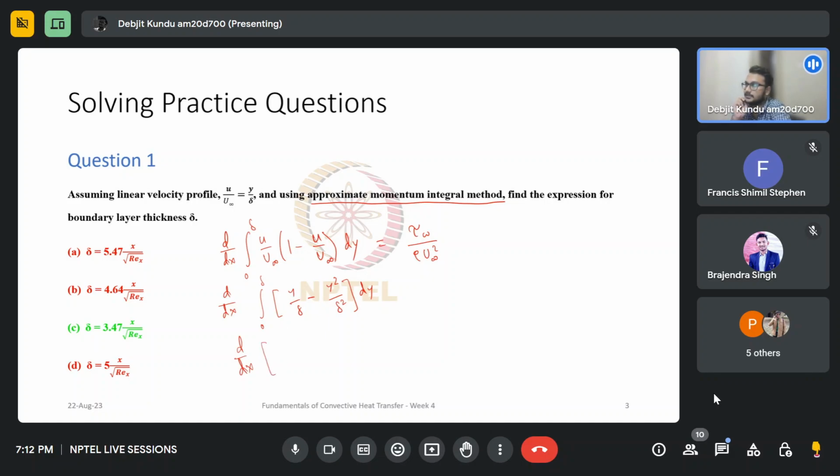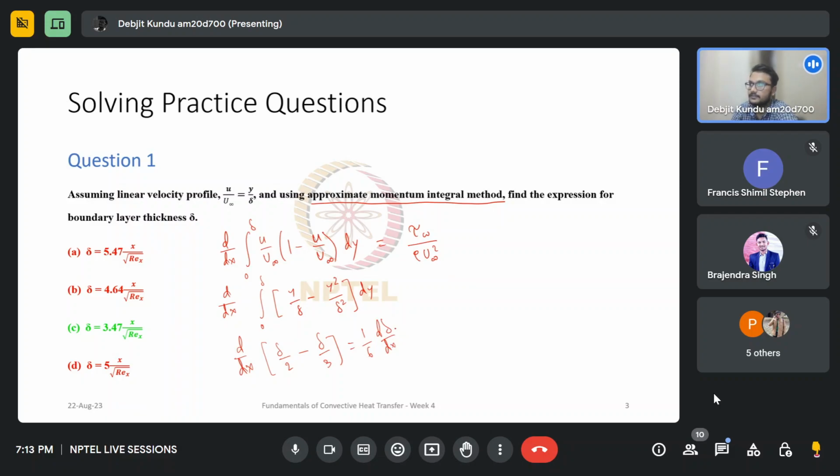This becomes delta squared by 2, divided by delta is delta by 2, and delta cubed by 3 divided by delta squared is delta by 3. So ultimately we have half minus 1/3, which is 1 over 6, so 1/6 of d delta dx on the left hand side.